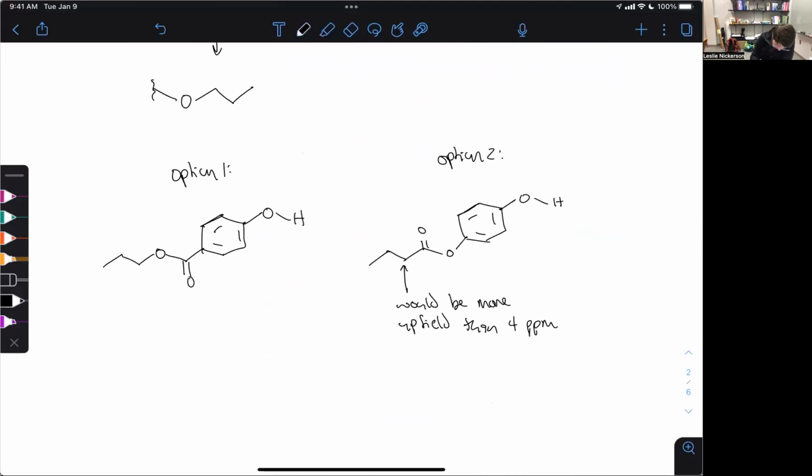But this one we would expect to be about 4. Okay, each of them have our phenol on it, so the OH on the benzene ring. We've got the 2 doublets from our benzene. We've got the triplet, the sextet, the triplet.